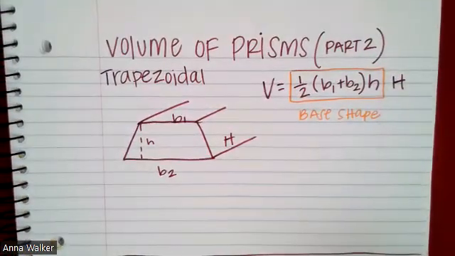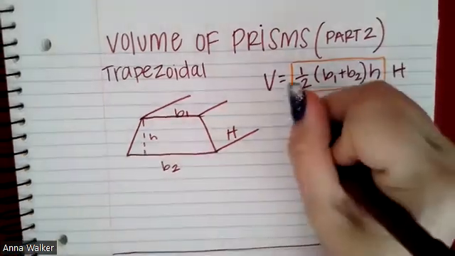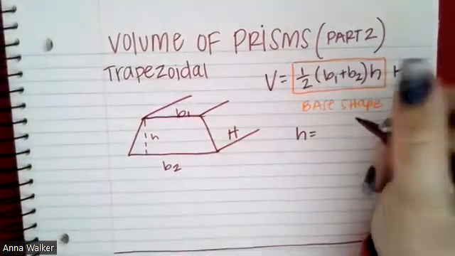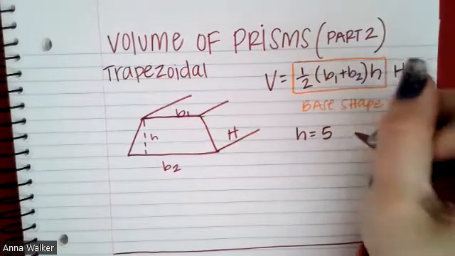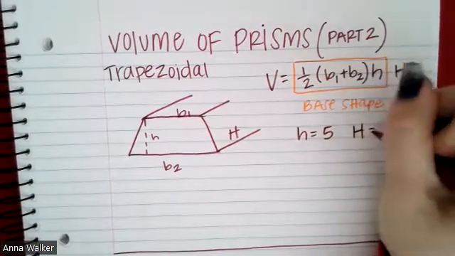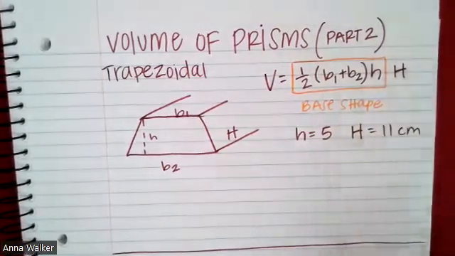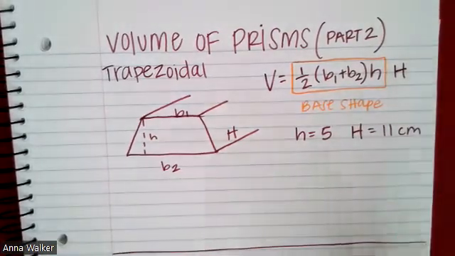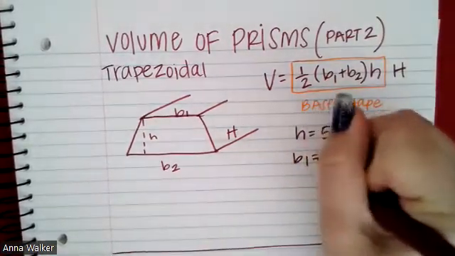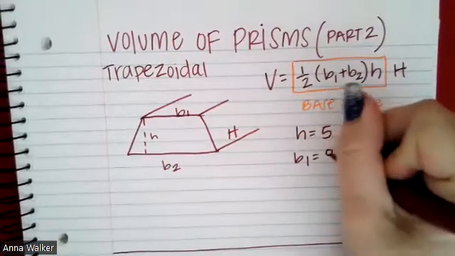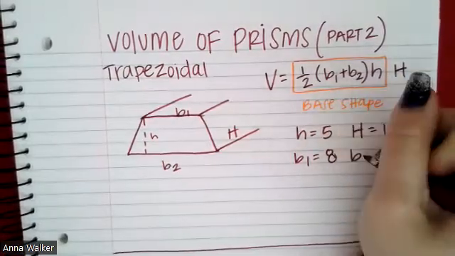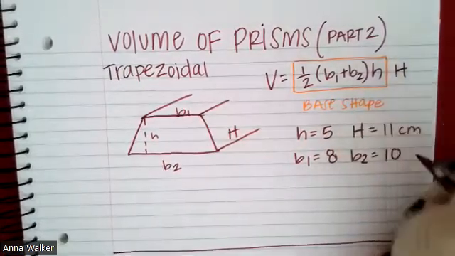Okay. So let's say, for instance, with this trapezoidal prism, we had the height of the trapezoid is 5. The height of the entire prism is 11. We'll just say these are all in centimeters. Our base 1 is 8, and our base 2 is 10.